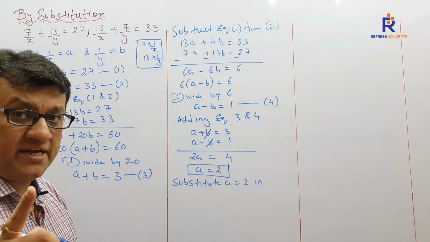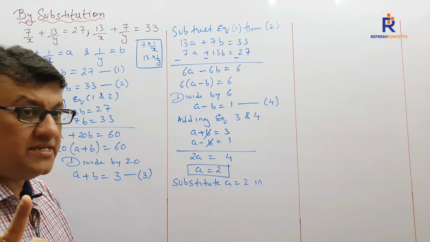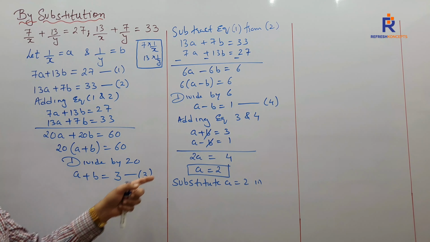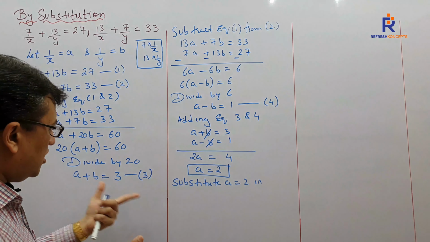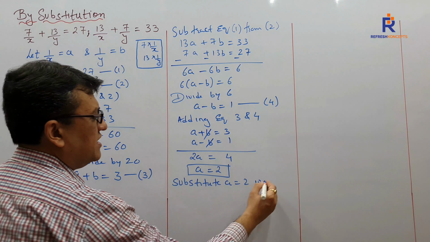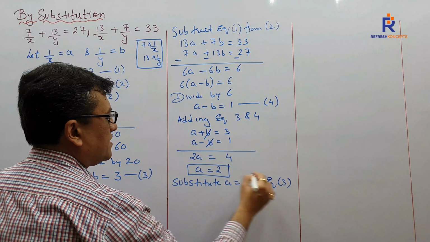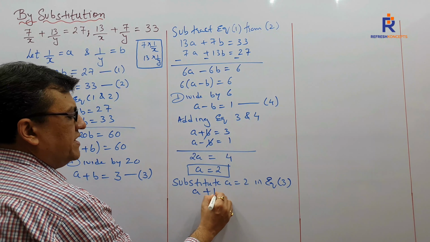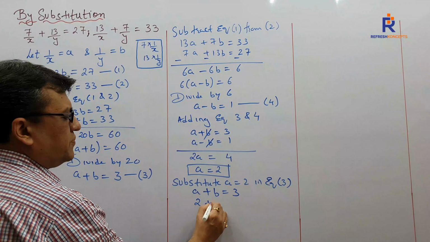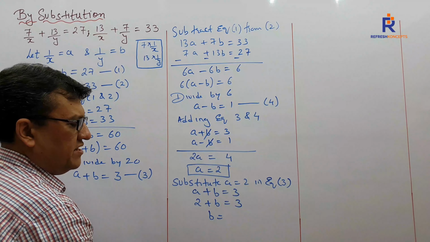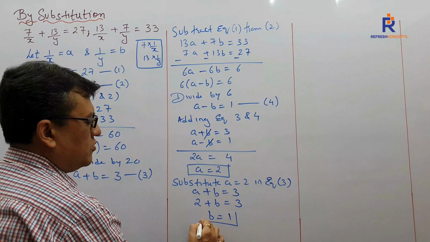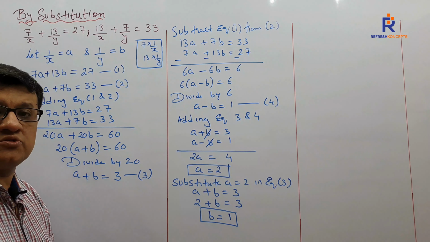Always in add, subtract, add, mind you, we will substitute in either 3 or 4 as stated earlier. We will not take 1 and 2. Your call. Should I take equation 3? In equation 3, a plus b is 3, 2 plus b is 3, b is equal to 1.